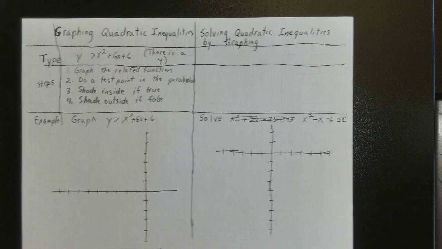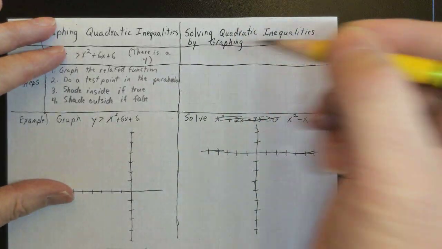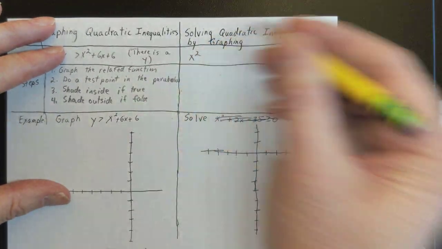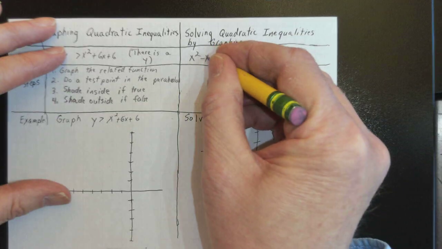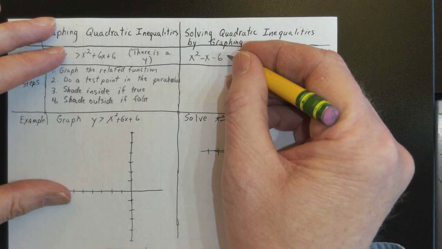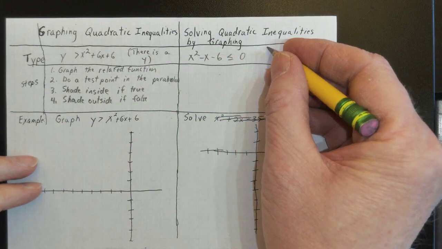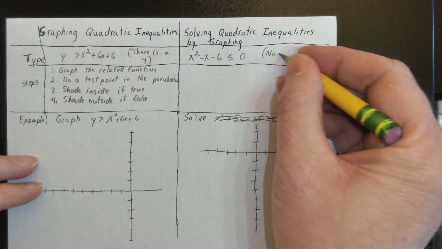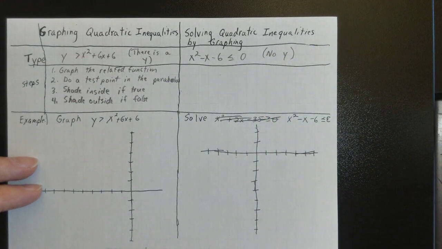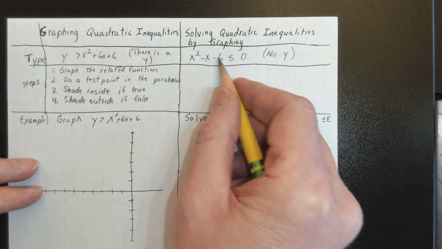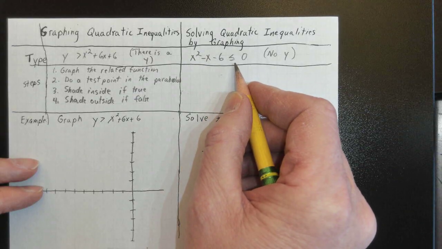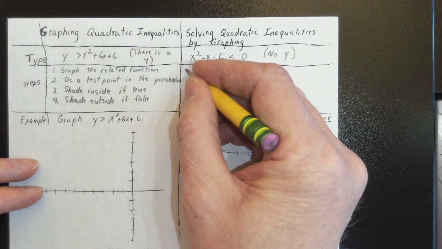We'll do this in a minute. This is a different kind of problem: x squared minus x minus 6 is less than or equal to 0. First of all, there's no y in this. It's just all x's.